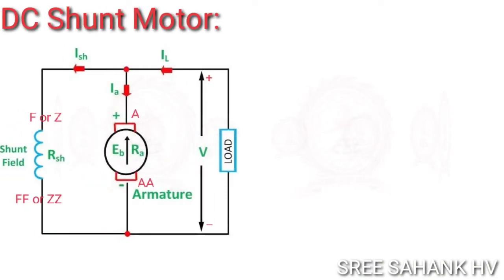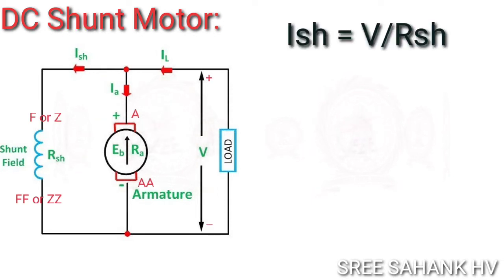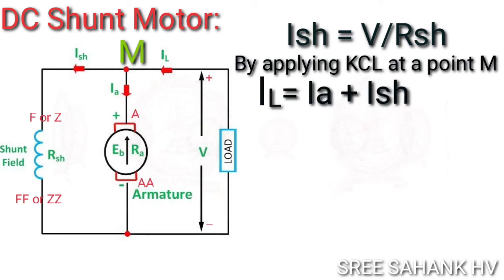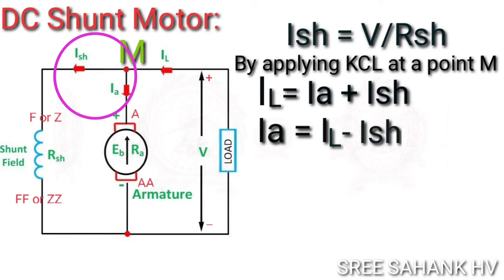Next is DC shunt motor. Here theory is the same as the DC shunt generator. Just replace generator with motor. Here current and voltage equations are ISH is equal to V by RSH by Ohm's law. By applying KCL at point M we get IL is equal to IA plus ISH. Here IL is the incoming current and IA plus ISH are outgoing currents.